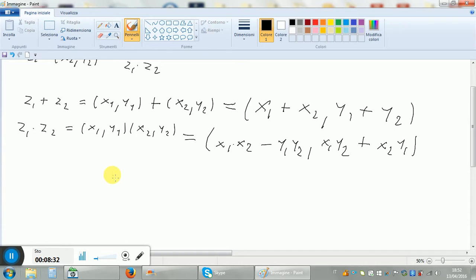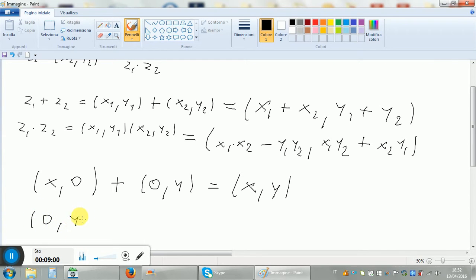In particular, then the pair (x, 0) plus (0, y) is equal to the pair (x, y), and (0, y) is equal to (y, 0) times the pair (0, 1).